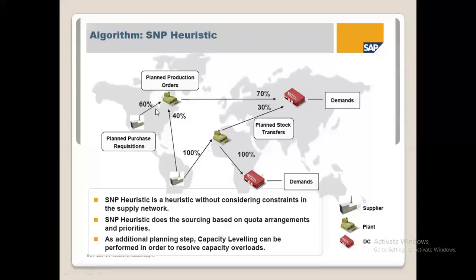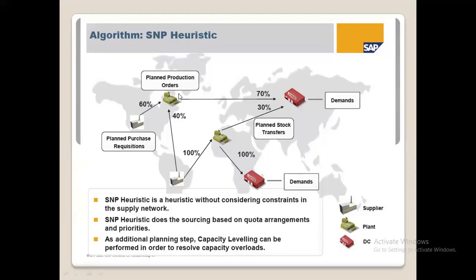If you see here, these green things are the production plants, and these are the distribution centers. Production plants, distribution centers, suppliers. Suppliers are nothing but the vendors. These DC centers make a purchase requisition to the plants.